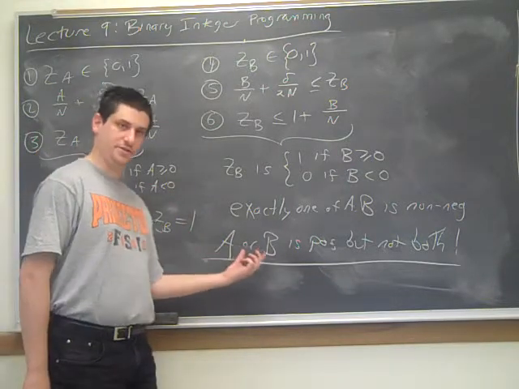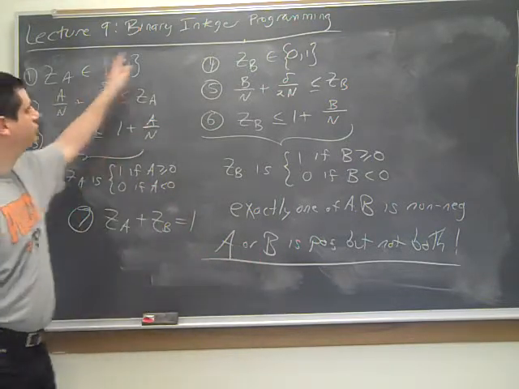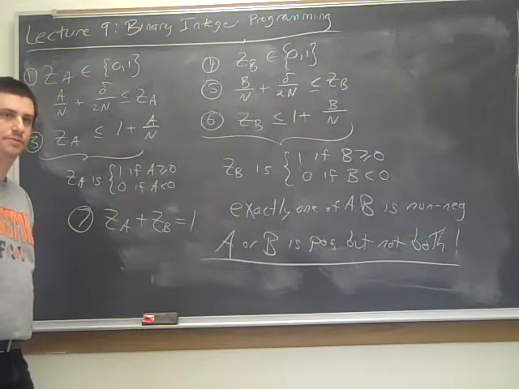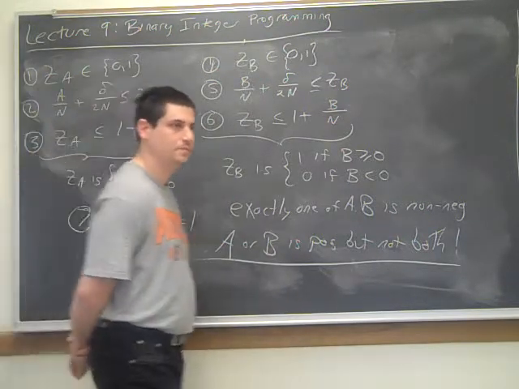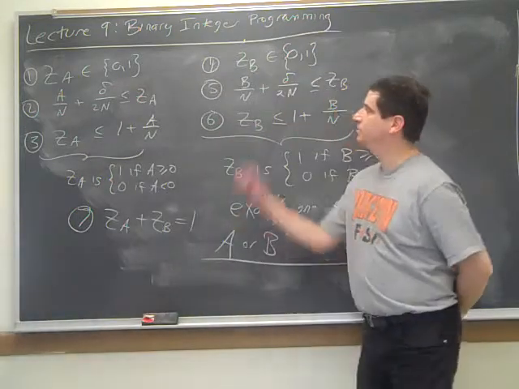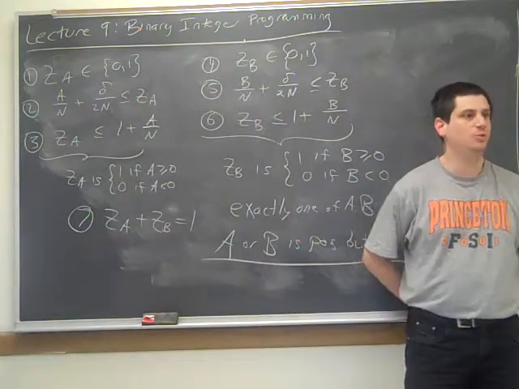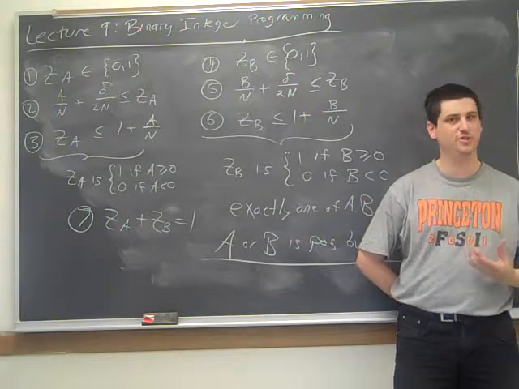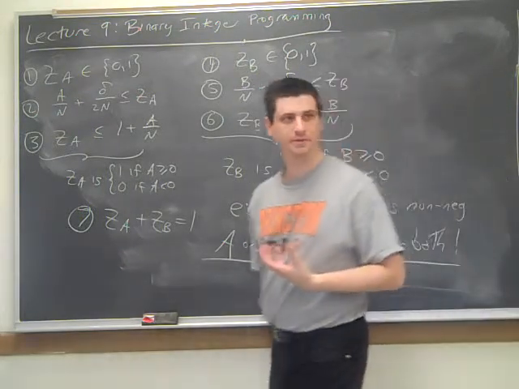Now, what's the cost? Well, the cost is we have to introduce 2 new variables and 7 equations. Okay? Now, the 2 variables are just binary, they're 0 or 1. Unfortunately, integer programming is a lot harder than just generic, real programming.